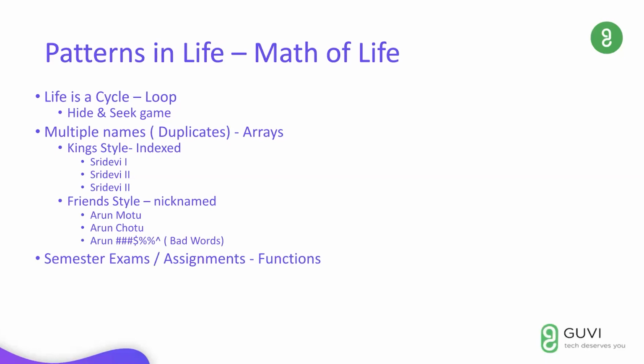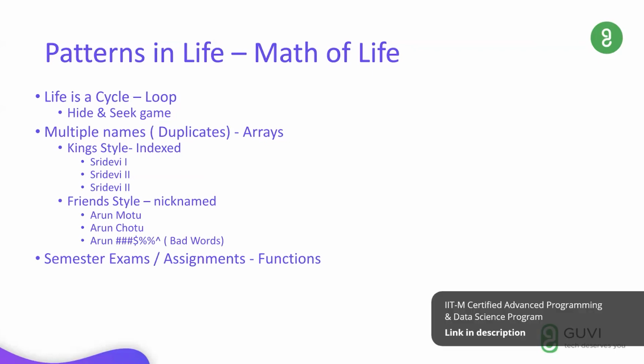And the third part is the assignment part, or the semester part. This is like functions in the programming world. You are asked to do a certain task, and you do it and give it back. For example, in my class, a couple of my friends have girlfriends, and the reverse also happens. Whenever a task is given, they don't do the task, they give it to the boyfriend or the girlfriend, and they'll do the task for the respective partner and give it back.